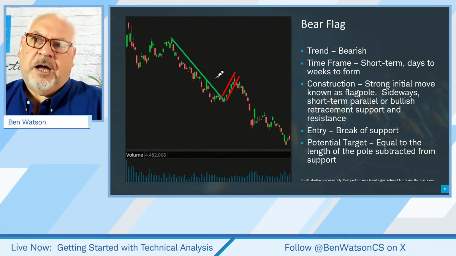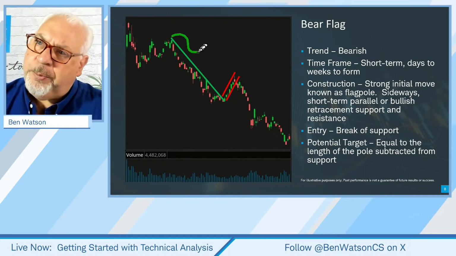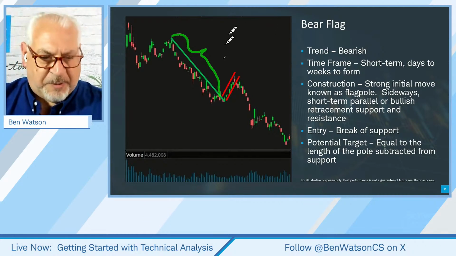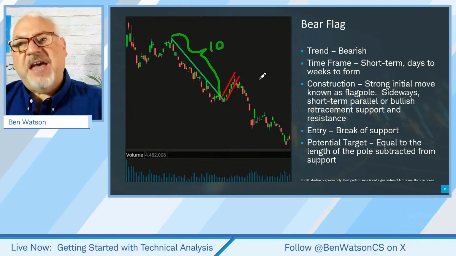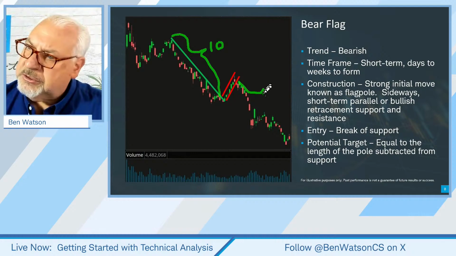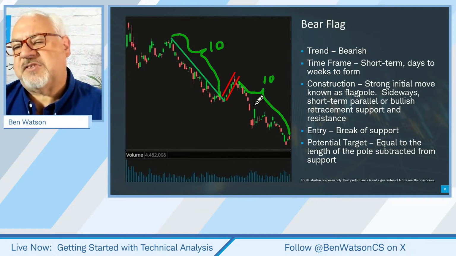when trading flag patterns. And that is that this flagpole portion, that portion right there, whatever that distance might be, let's say that distance is 10 points, then oftentimes the second portion, that distance is also going to be 10 points.